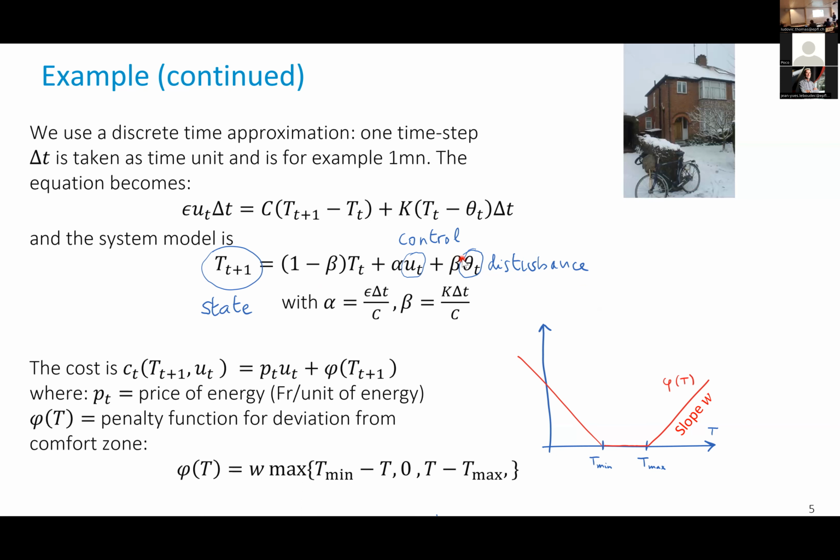I'm not taking into account two other factors that are typically taken into account in such models, which are the wind and the solar irradiation. So in reality, the house might warm up for free because there is some sunshine that goes through the window. That would be another term in the equation here.